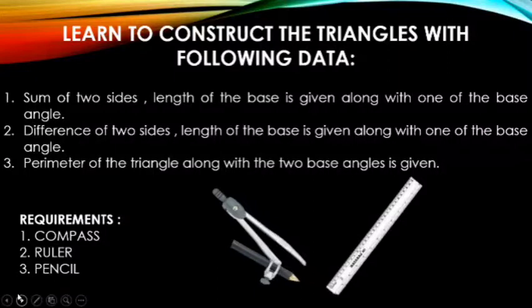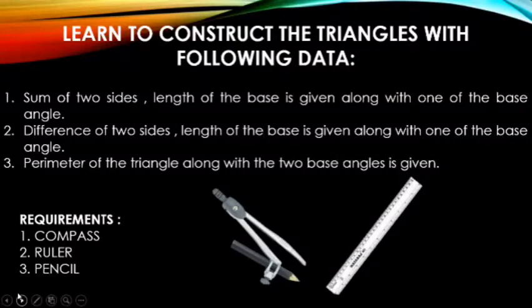First, the sum of the two sides, the length of the base is given along with one of the base angles. Second, the difference of the two sides, the length of the base is given along with one of the base angles. And the third set of data is the perimeter of the triangle along with the two base angles. So we learn to construct triangles in each of these three conditions.